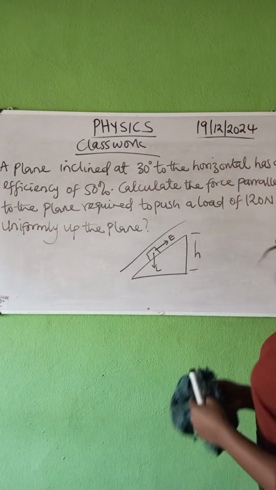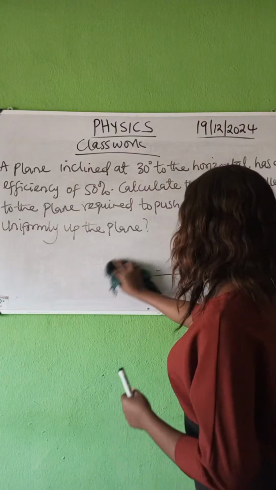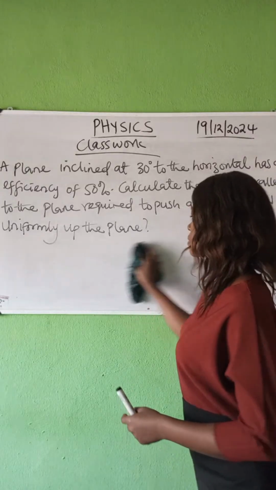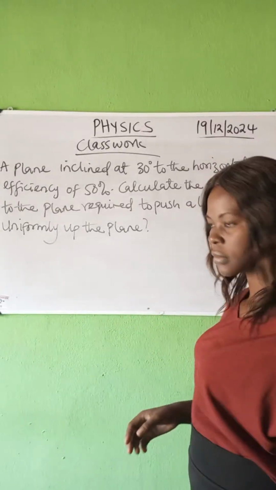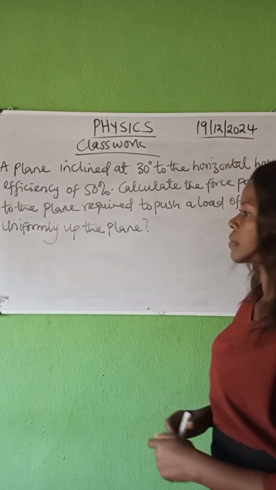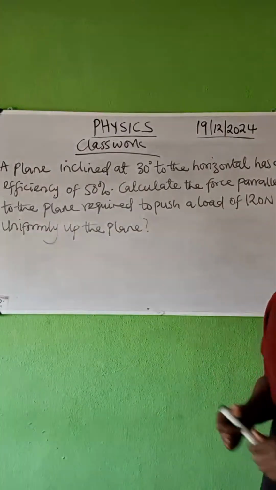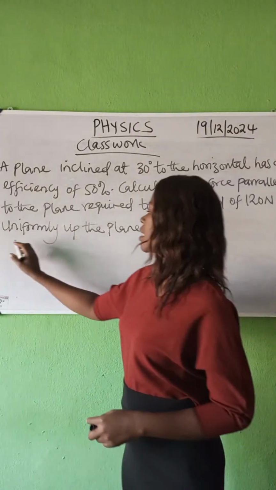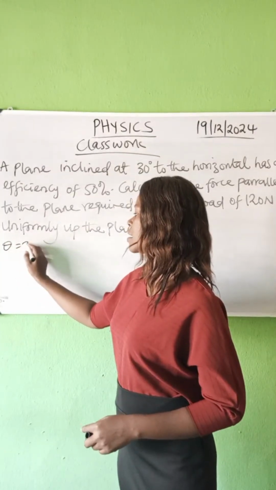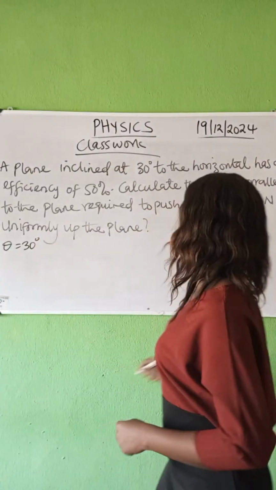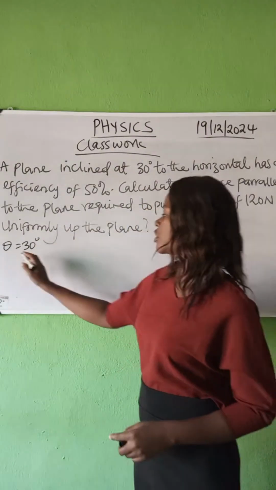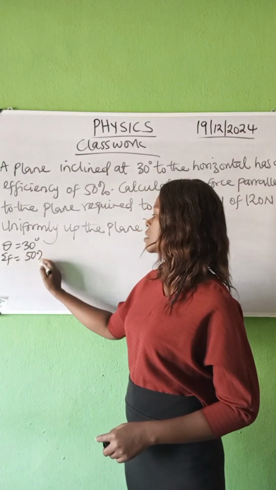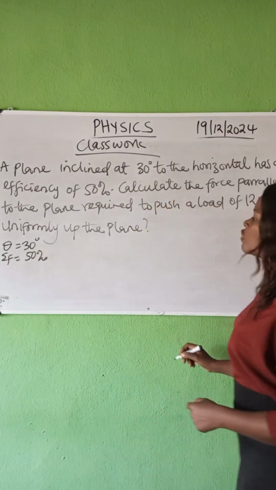All right, let me solve. The first thing we are going to do is to state that our theta is 30 degrees. Now my efficiency is 50%. Which force are we looking for?